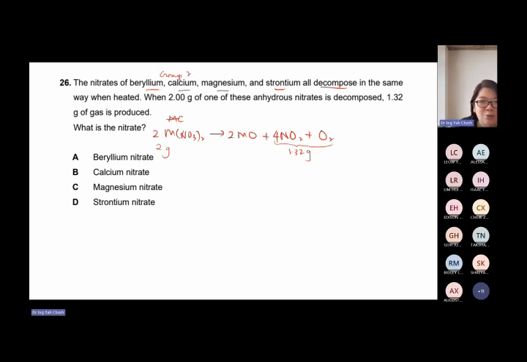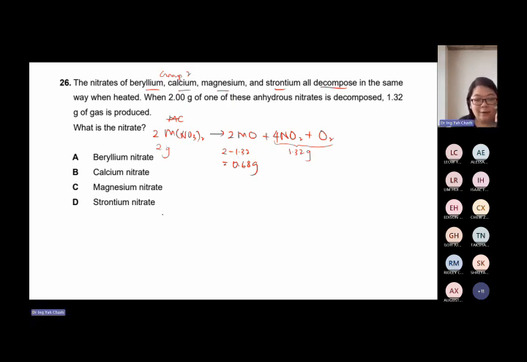Another easier method is 2 minus 1.32 to get the mass of the magnesium oxide. 2 grams decomposed gives 1.32 grams of gases, so the remaining will be the oxide. 2 minus 1.32, 0.68 gram will be the metal oxide.